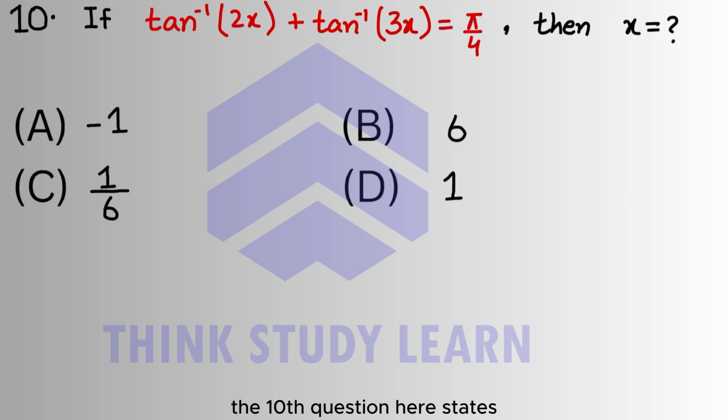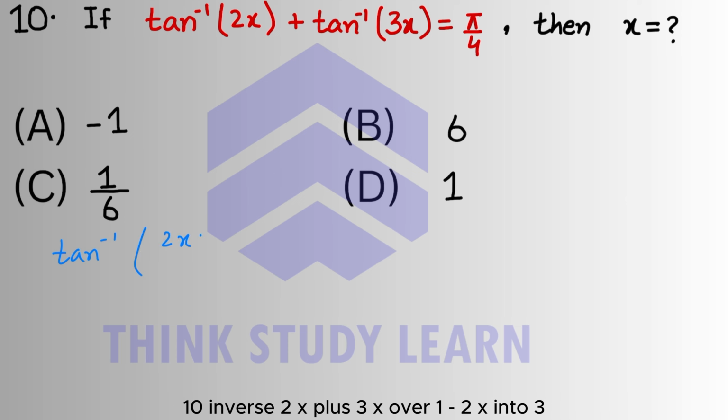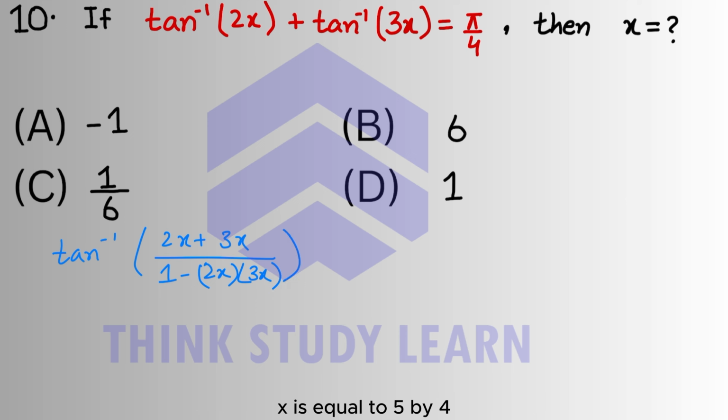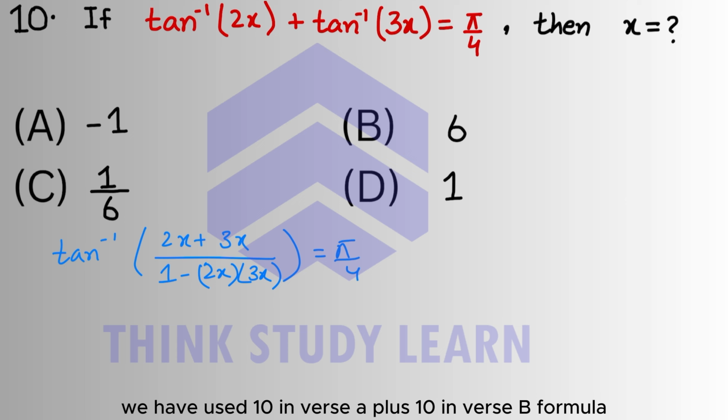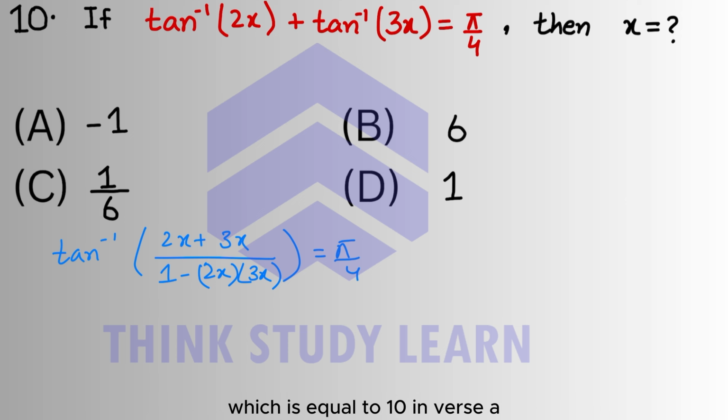The 10th question here states: if tan inverse 2x plus tan inverse 3x is equal to pi by 4, then find out the value of x. So using the formula, tan inverse of 2x plus 3x over 1 minus 2x into 3x is equal to pi by 4. We have used the tan inverse a plus tan inverse b formula, which is equal to tan inverse a plus b over 1 minus ab.